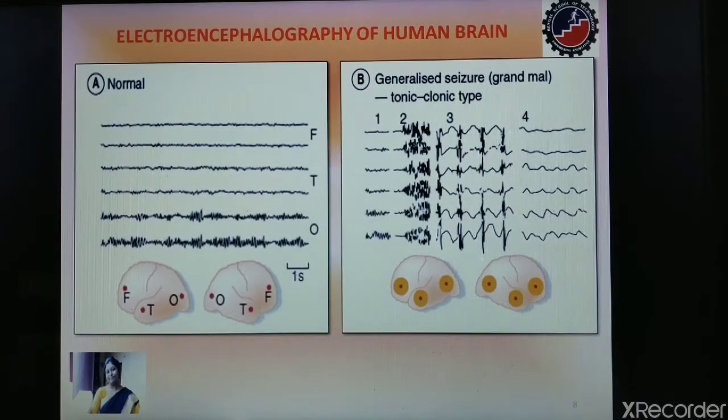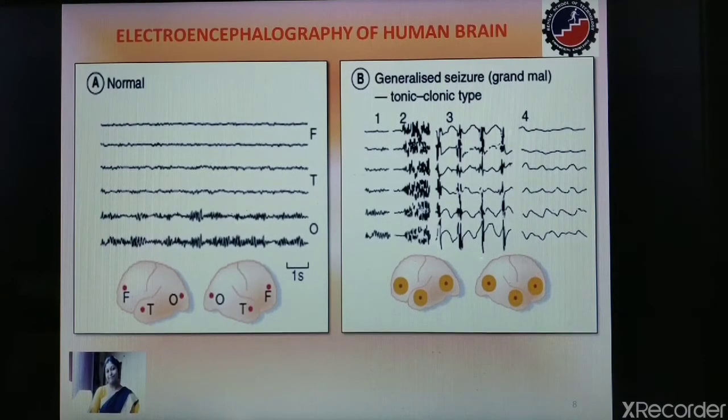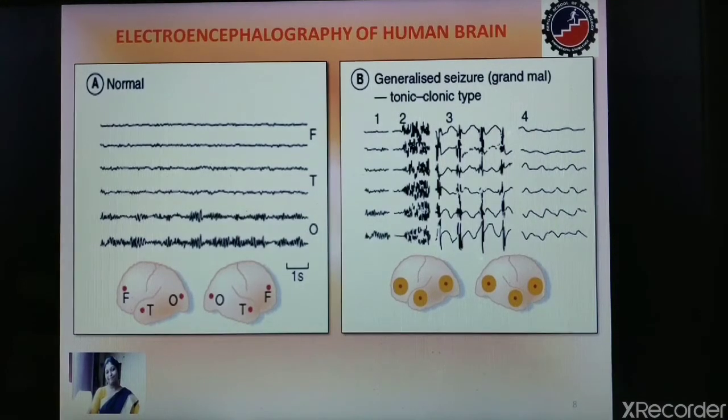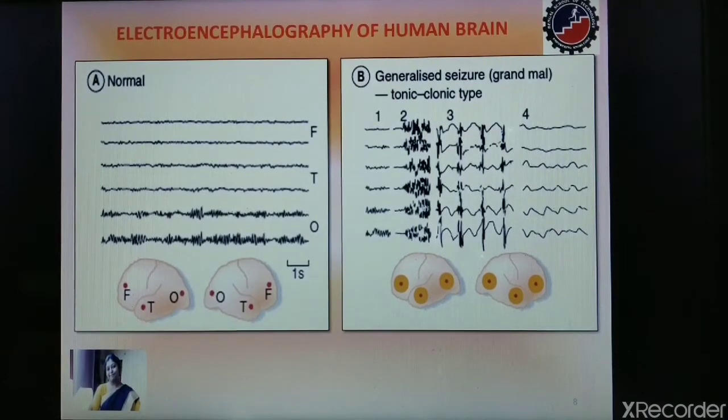Thus, looking into the recordings of the brain on both sides, frontal, temporal, and occipital, we can now conclude the difference between a normal EEG record and that of a generalized tonic-clonic seizure. Now, I hope this is clear to you, and tonic-clonic seizures are now better understood.